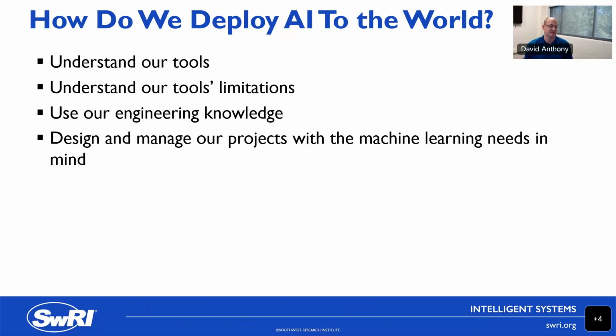And I think that comes down to using not just what you learn in your machine learning course, but hopefully as students, you're developing a very broad background and these fundamental engineering skills that I think really apply to this domain. And we need to keep those in mind as you go into the real world.